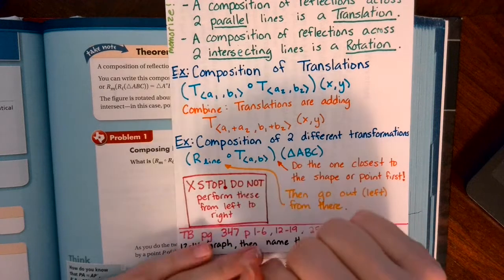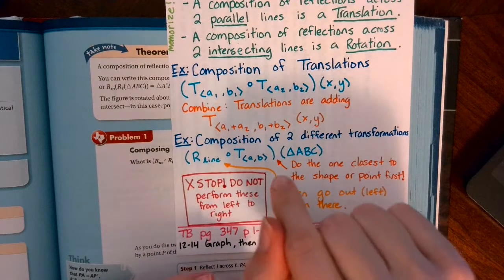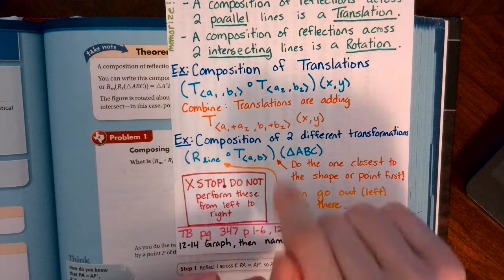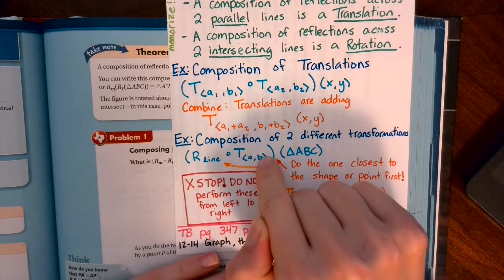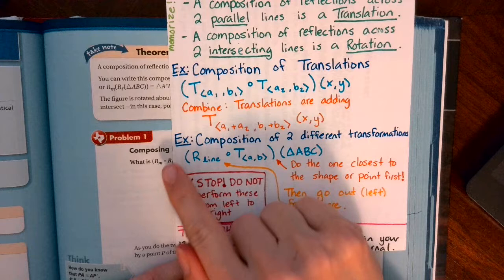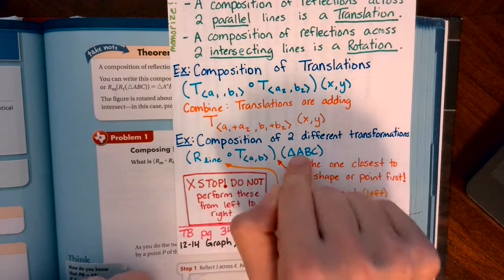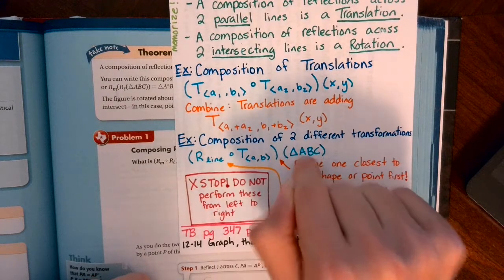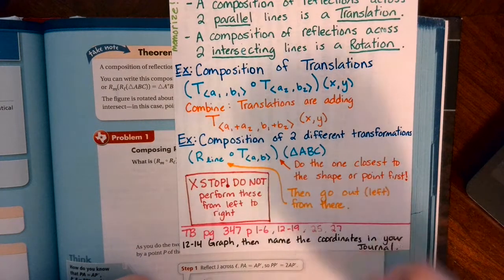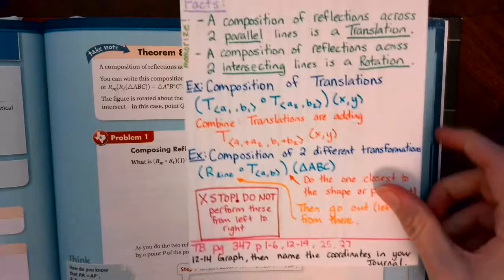So when you're going through on Math Excel or the textbook problems or the worksheet or whatever it may be, make sure you do the one furthest to the right first. We're going right to left, not left to right, okay? Ignore how we read. We're doing it based off what's closest to the shape, which is so important. Let me show you guys an example of that.